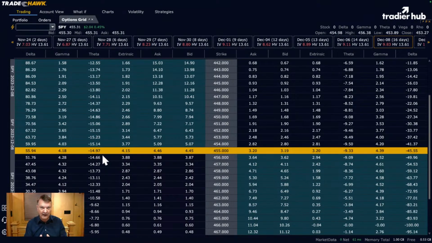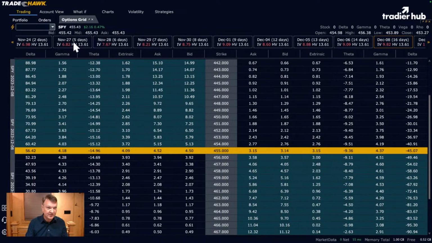Now I want to look at what happens as expiration approaches. What's going to happen to gamma in particular on the in-the-money option contracts and the out-of-the-moneys if we're no longer on a 16-day option contract? Let's jump up to the 5 days to expiration.